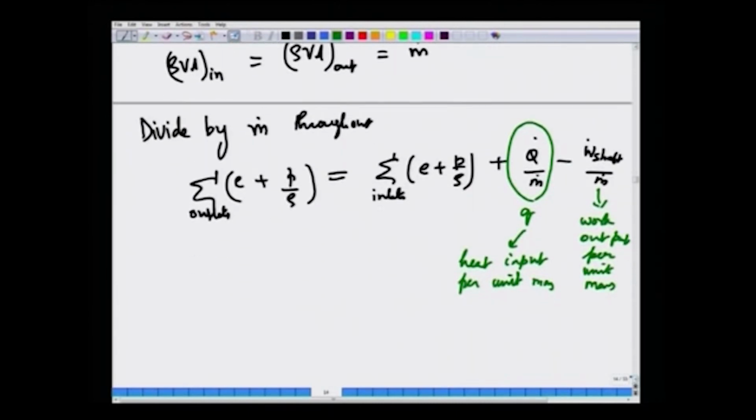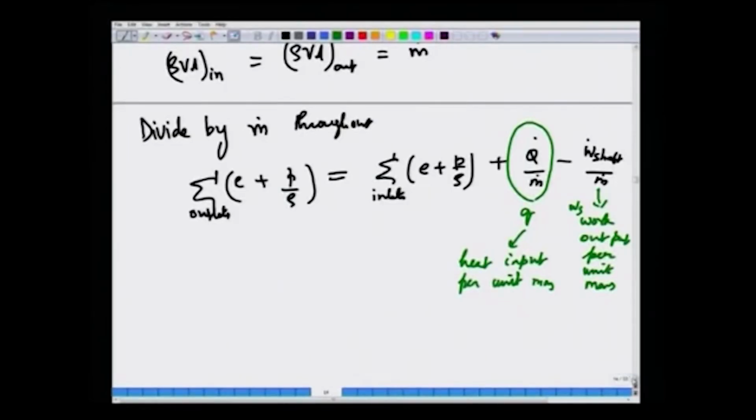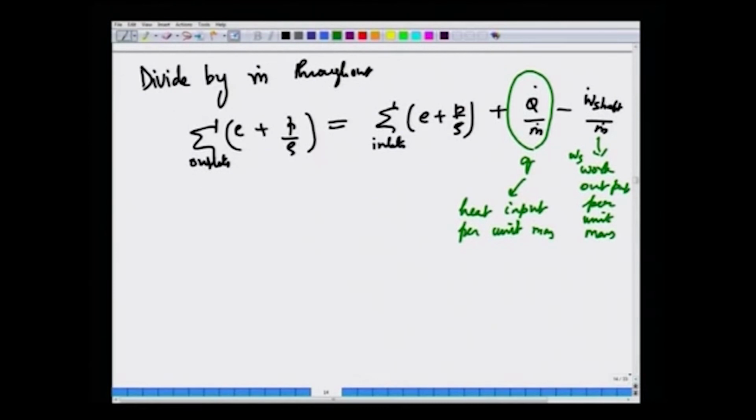So, these are given special names, small q and small w_s. There is no rate associated with them, because you are dividing the rate at which heat is transferred by the mass flow rate, and likewise the rate at which work is done by the CV by the mass flow rate. So, they are no longer rates. This is the heat transferred per unit mass and the work done by the CV per unit mass. There is no rate associated with it anymore.